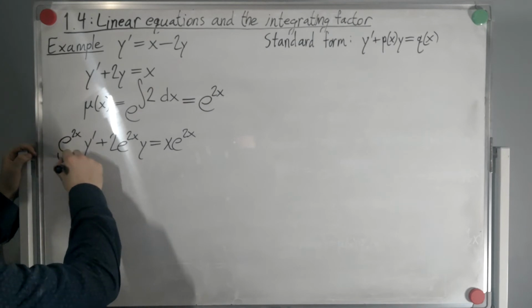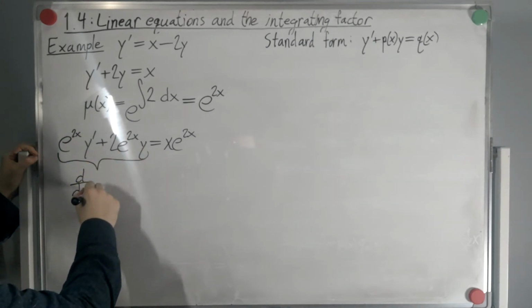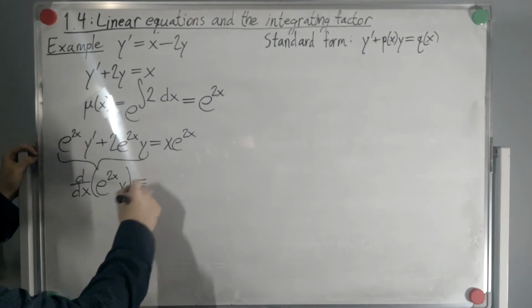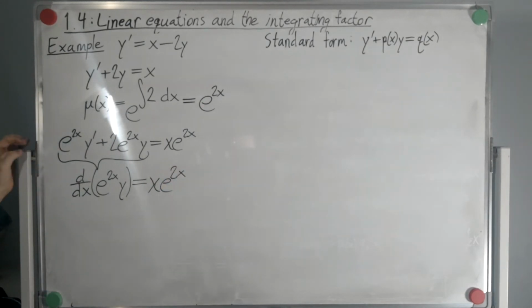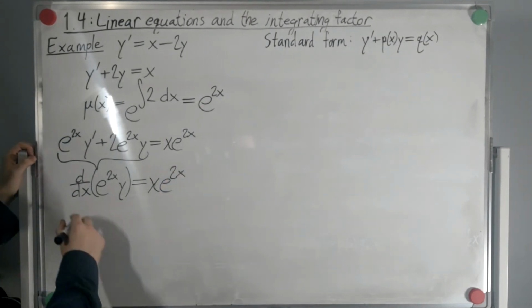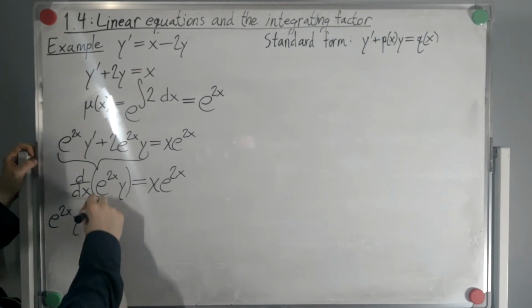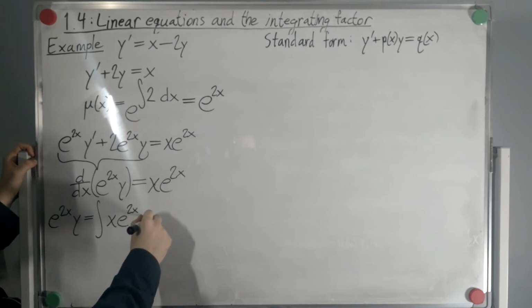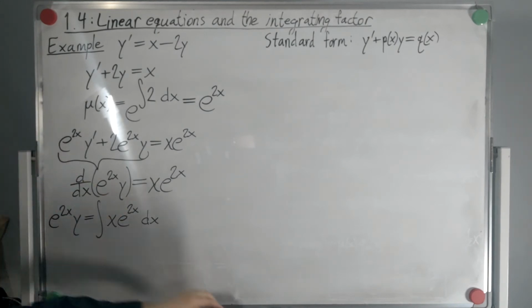This left-hand side is once again rigged to be the derivative of e to the 2x times y. So we can take the integral of both sides. E to the 2x y equals the integral of x e to the 2x. Now that right there is a quintessential integration by parts integral.